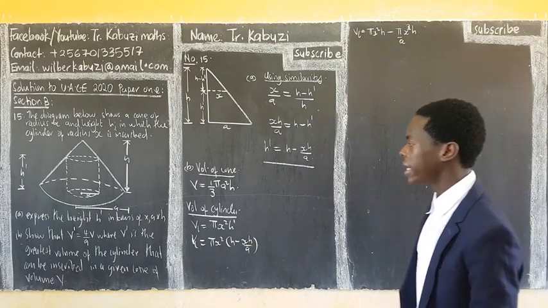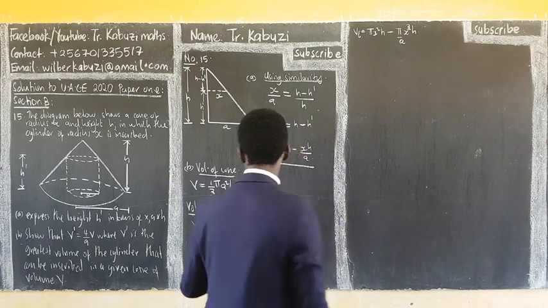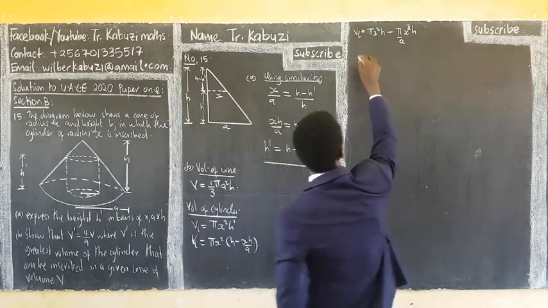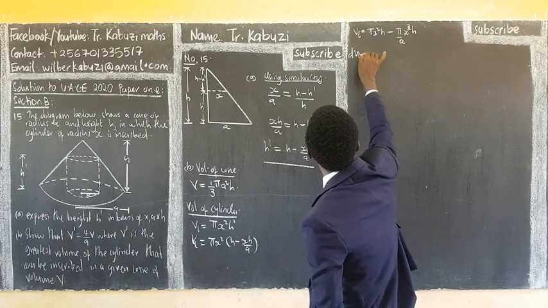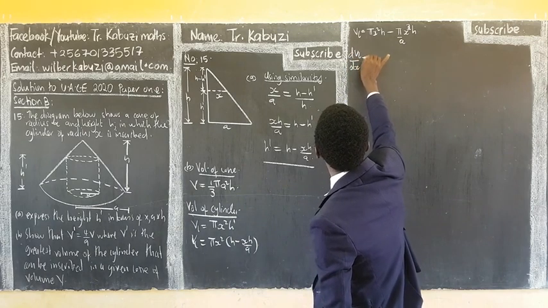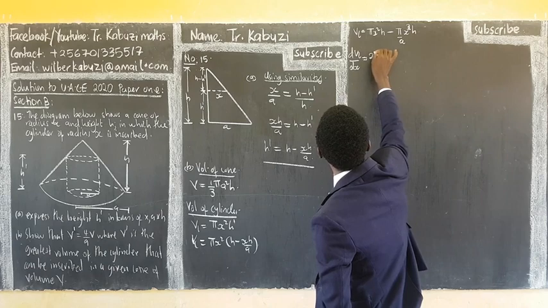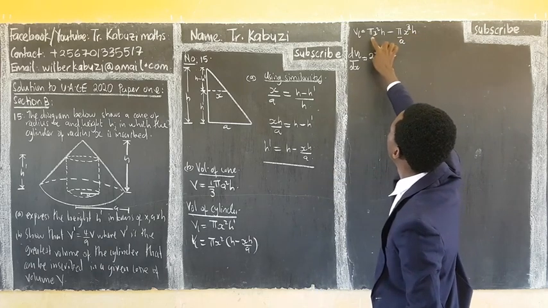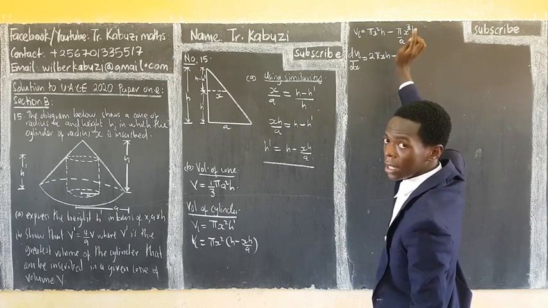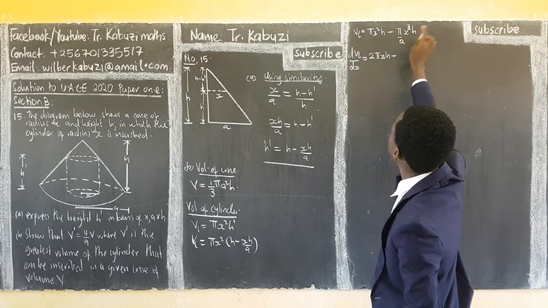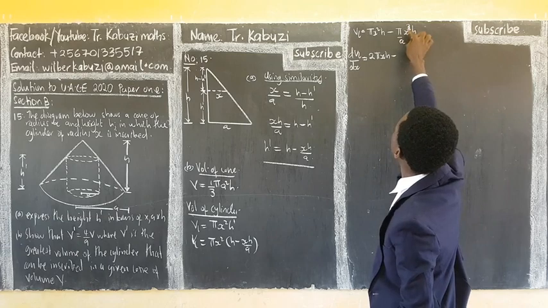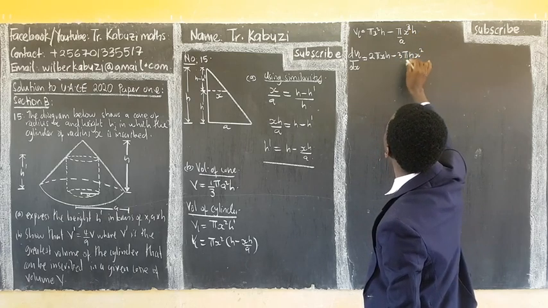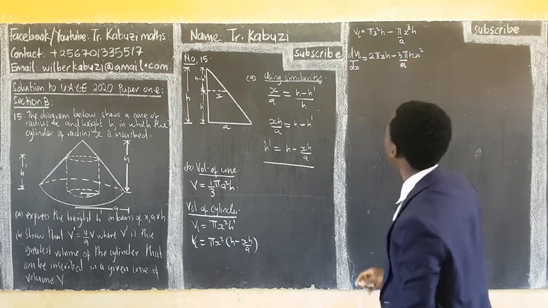Now, because I need the greatest volume, I need to differentiate with respect to x. So my dVL/dx is going to be 2 pi x h, then minus, when you differentiate this, pi h and a are constants, I get 3 pi h x squared, the whole over a.